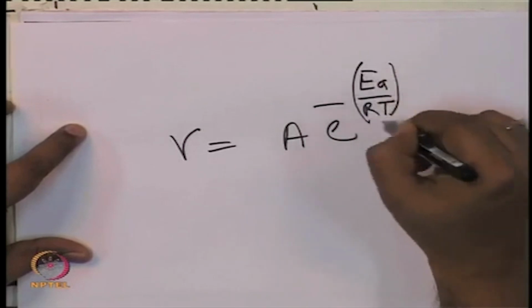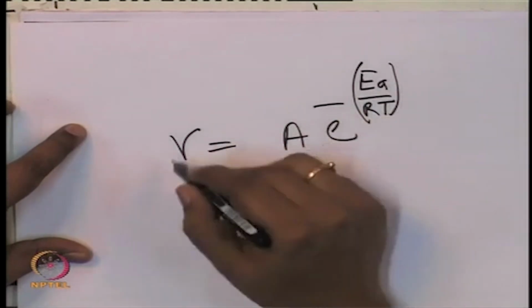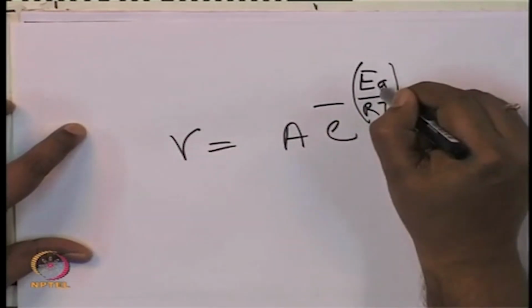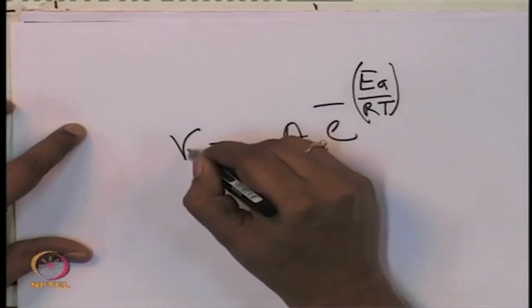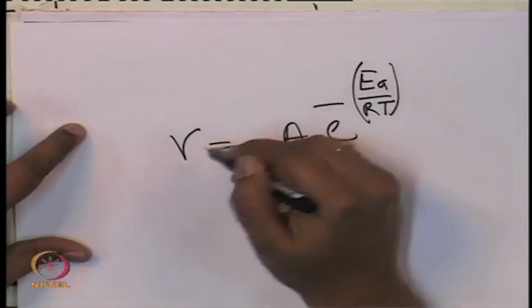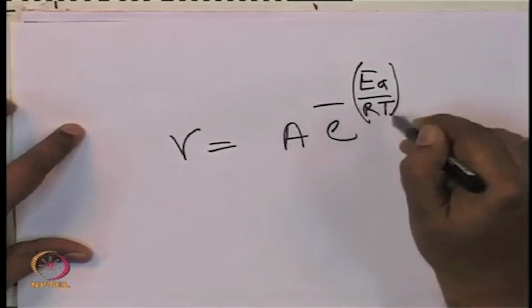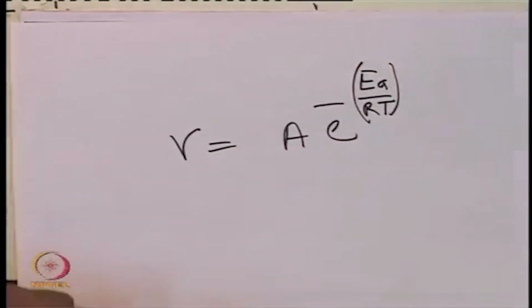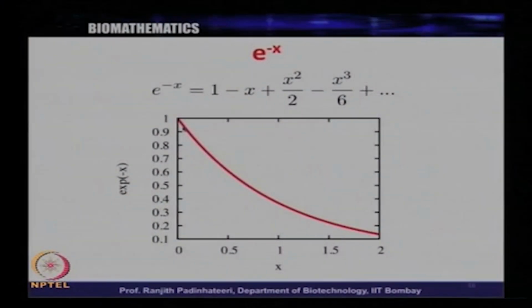Whenever this thing in the bracket increases, the rate of reaction decreases. The higher the activation energy, the lower the rate of the reaction is. So, this is an exponentially decreasing function, e power minus of something. You can see here this curve e power minus x decreases as the x increases. So, this is another example.